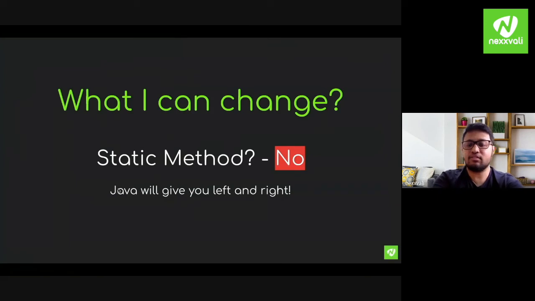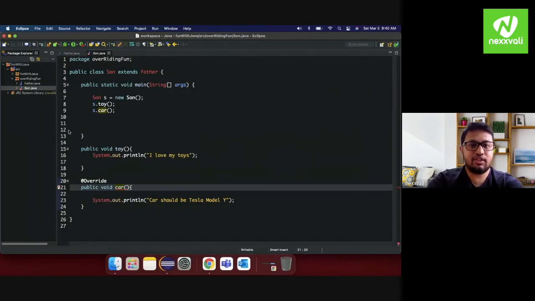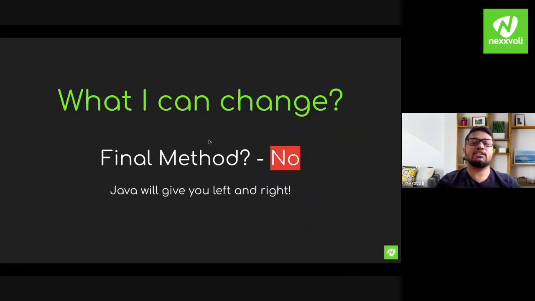So static method, no. Final method, say for example, if the method is final method, can I change it? Generally, the thumb rule is you cannot override a final method. Let's see what happens. Say final keyword. No, you cannot change it. So static and final, other than static and final, you can change the other methods if you follow the rule.